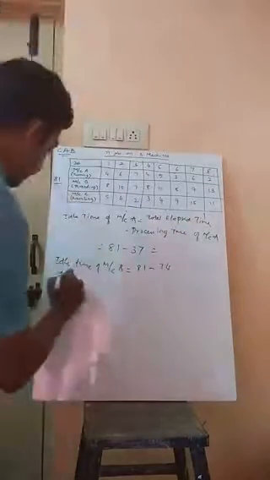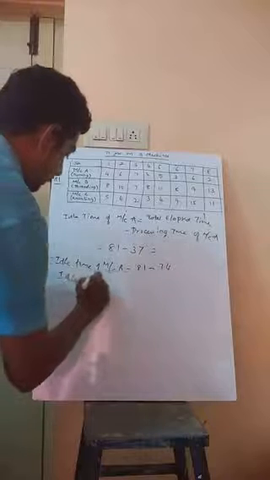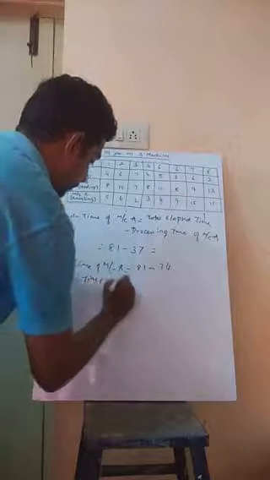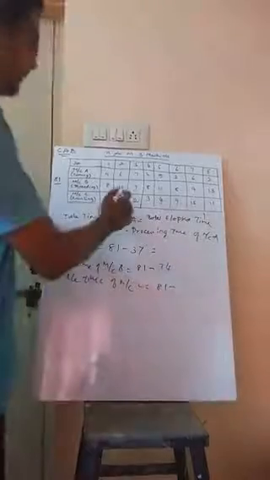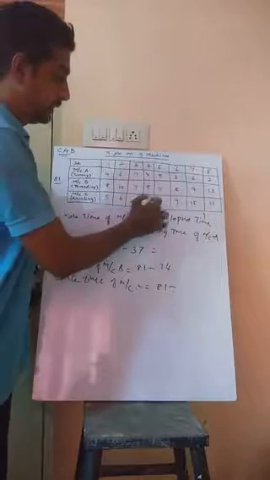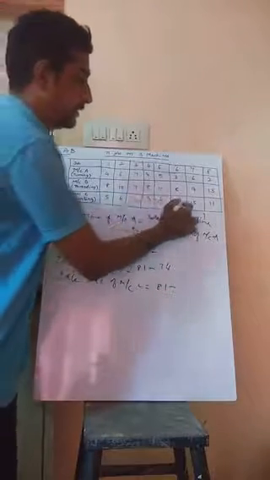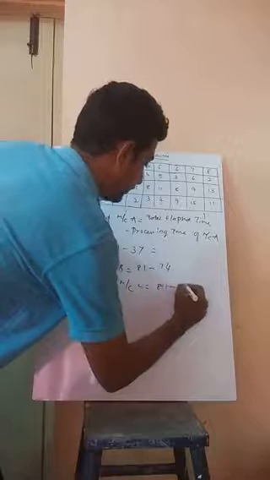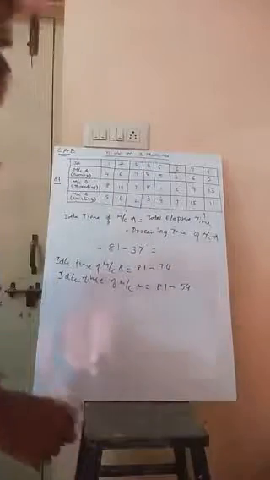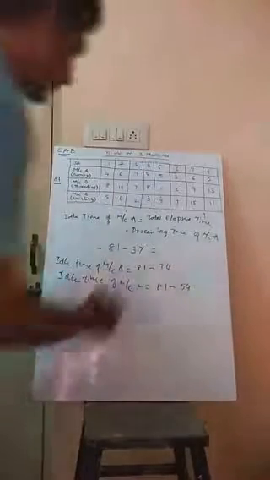Next, idle time of machine C, that is 81 minus 11, 13, 16, 20, 29, 29 plus 15, 43, 43 plus 11, it is 54.